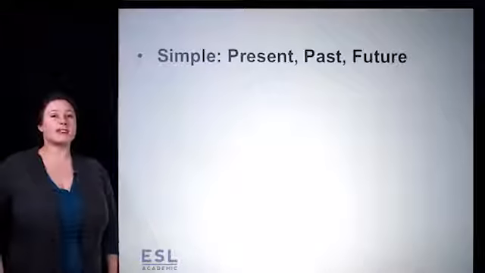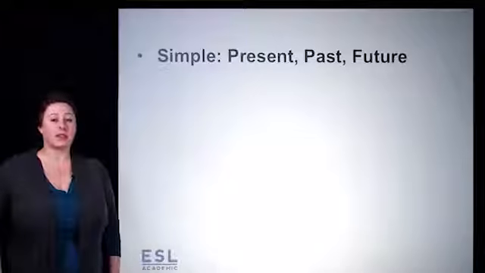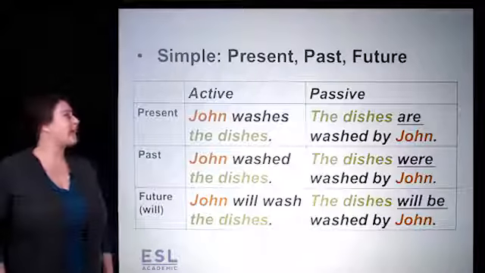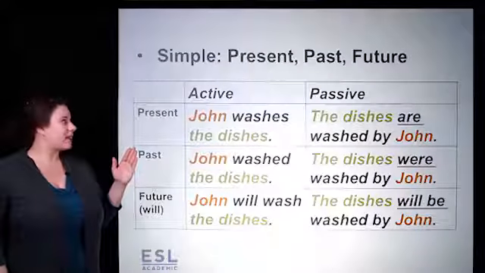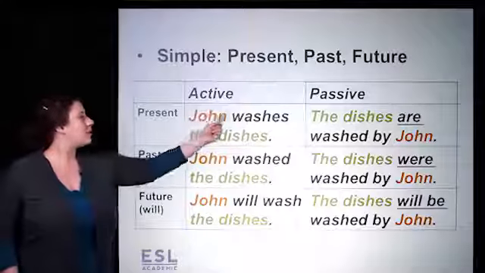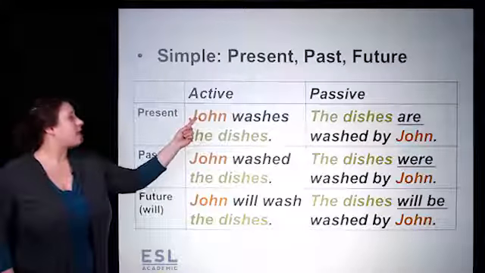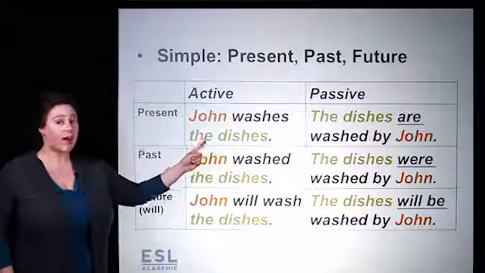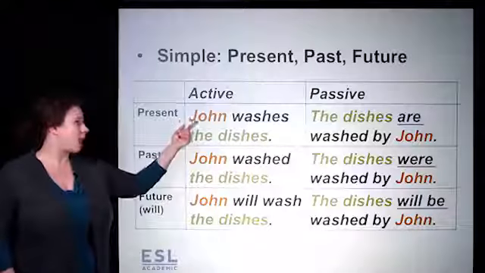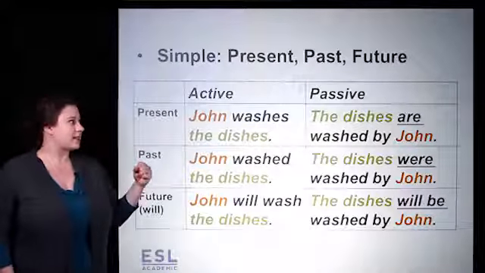Let's look at the simple verb time in the present, past, and the future. In the present tense, an active sentence would look like this. John washes the dishes. John is our subject and the dishes are our object. Again, the focus is on John, so it comes first and it's our active sentence.